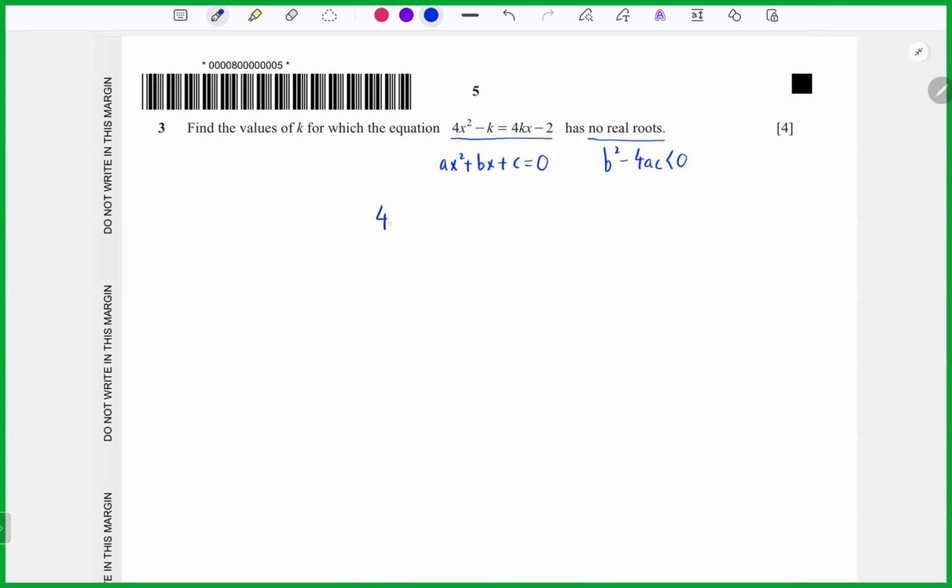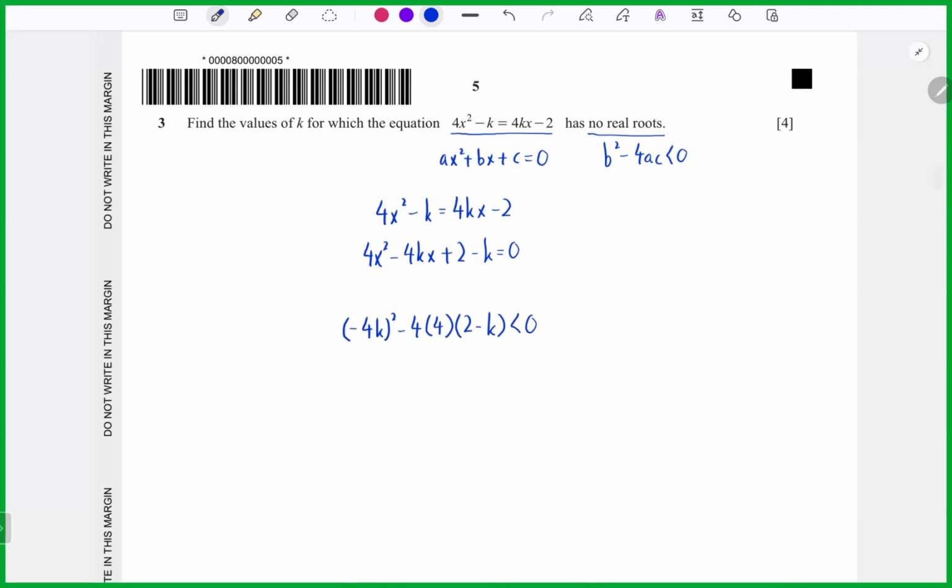So you copy the question, 4x squared minus k equals 4kx minus 2. 4x squared minus 4kx plus 2 minus k equals 0. Okay, now we take negative 4k squared minus 4a, which is 4, bracket 2 minus k, less than 0.